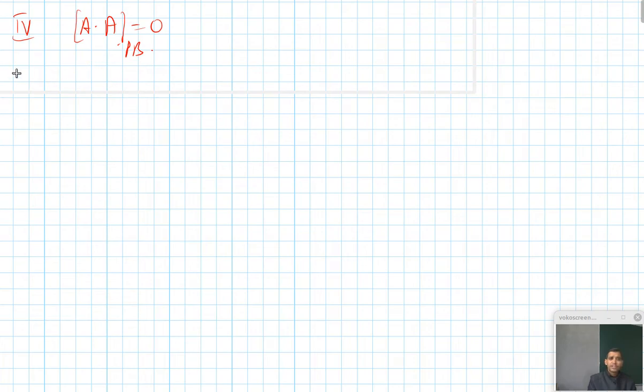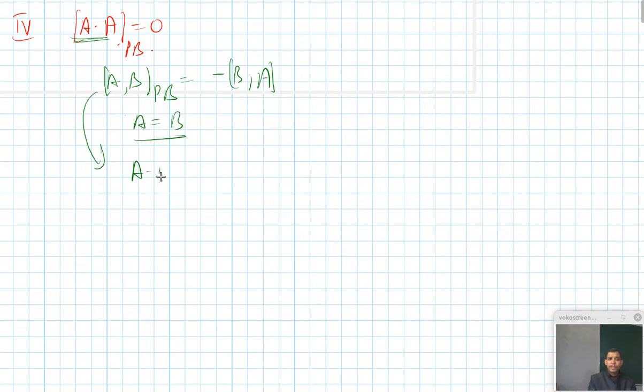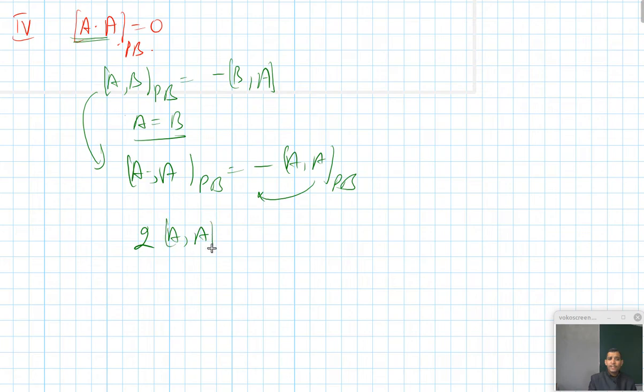For this, as we know from the first property, the Poisson bracket of {A, B} is equal to minus {B, A}, and as I know that here A is equal to B, if I put their values, then this equation becomes {A, A} equal to minus {A, A}. Bring this to this side, so it is twice {A, A}, this is equal to 0, and this leads to the Poisson bracket of A with itself always being 0, right?